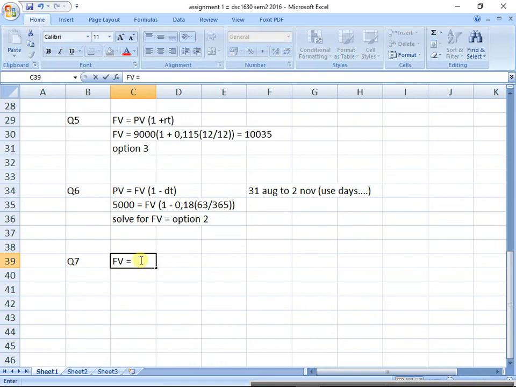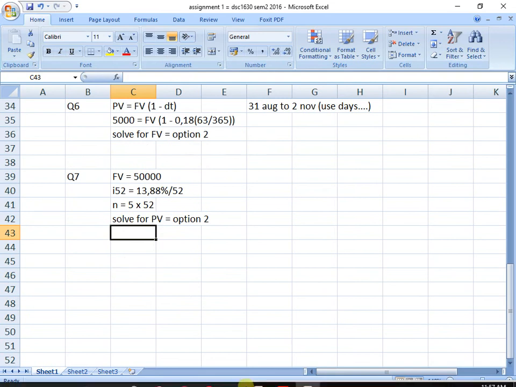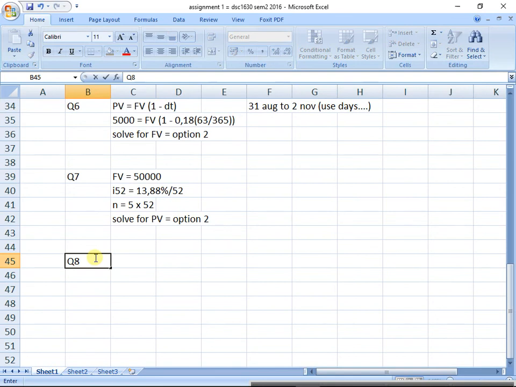You try do it and see if you get the right answer. Well done. Option 2 is correct.